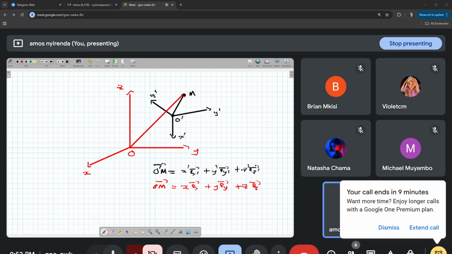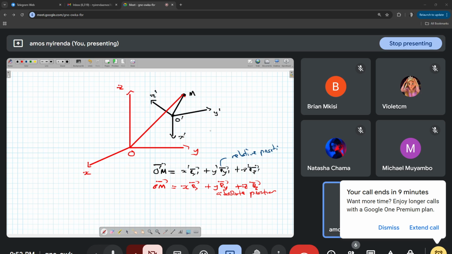Now these two are positions, right? But the position in black is known as the relative position, and the one in red is the absolute position.